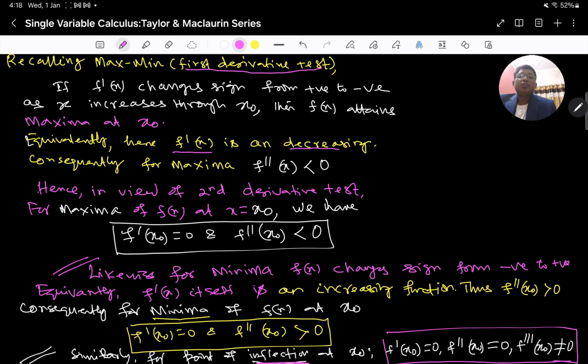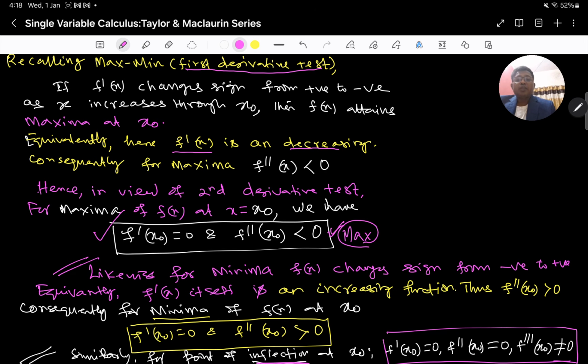For a decreasing function, the derivative is negative. So consequently, for the second derivative test, we have f dash x0 equal to 0, a stationary point at x0, and at that stationary point the second derivative is negative. This is for your maxima.